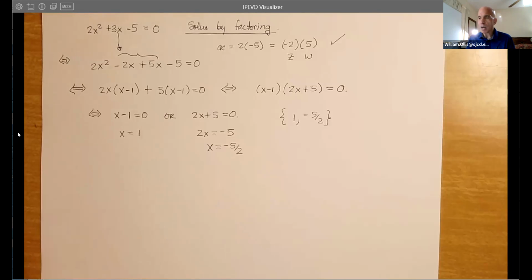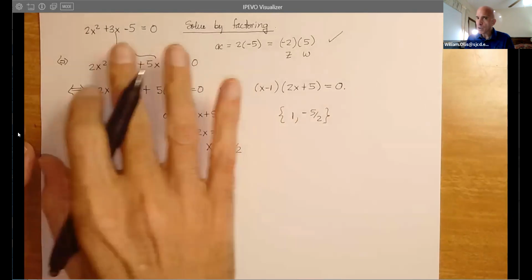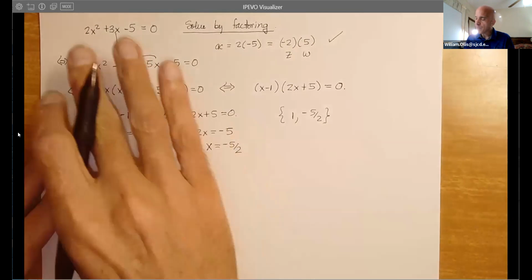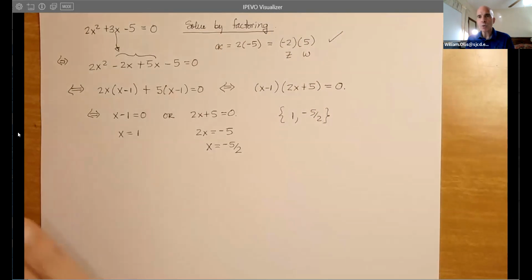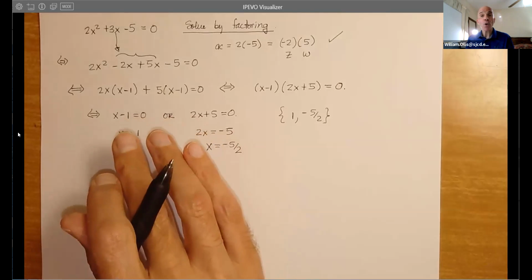When I teach curve theory and theory of vector functions in Calculus 3, the students are astounded by all the algebra that you have to do just to compute curvature or to compute a T and B frame. It's really tedious work. And so what we want to do is be very comfortable with factoring, very comfortable with working with numbers. That's what gives us the power to do the problems we want.